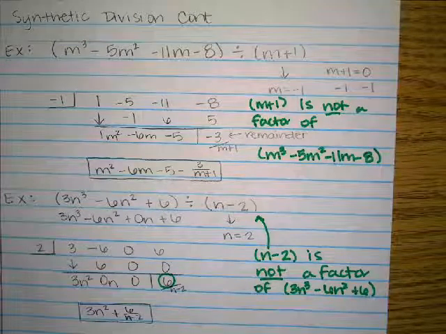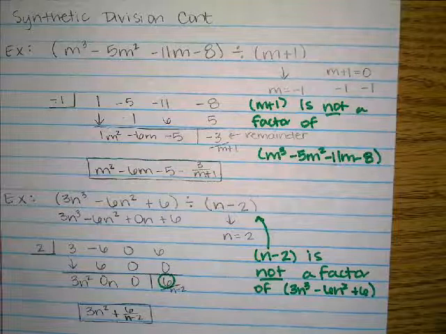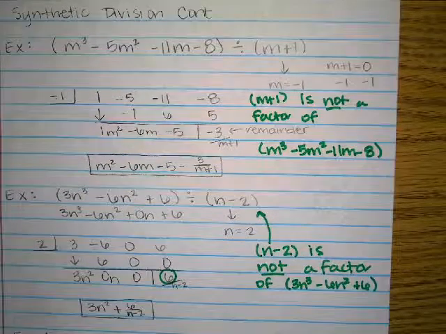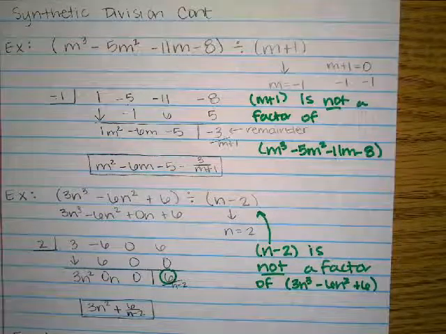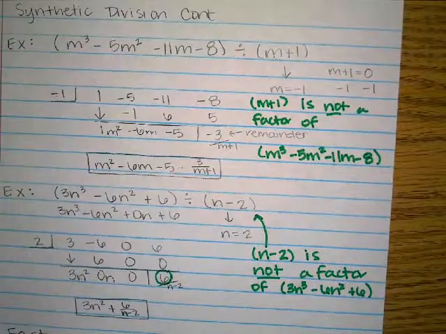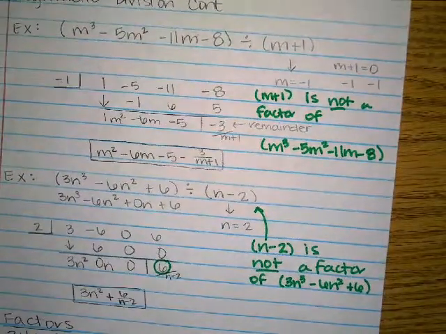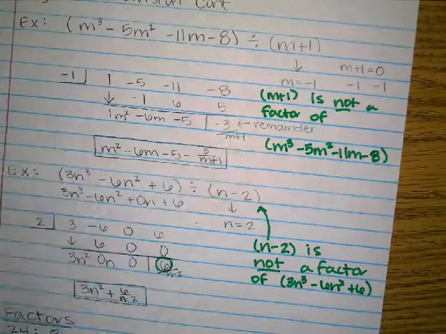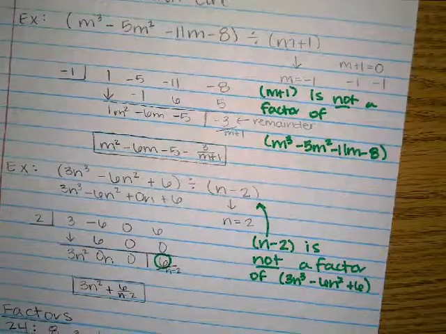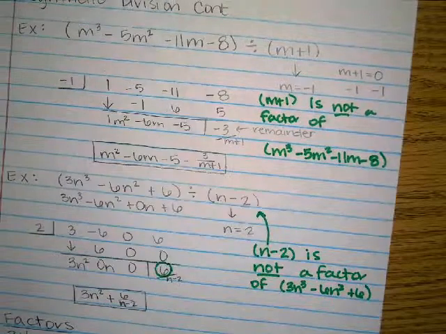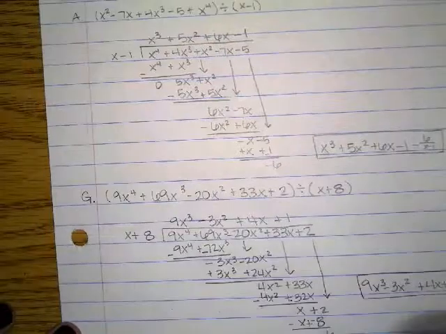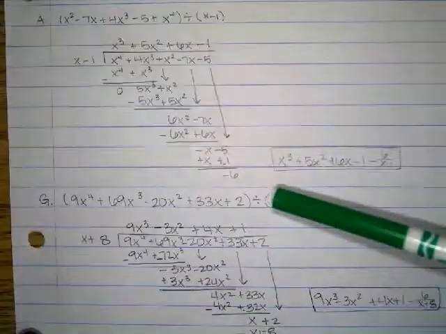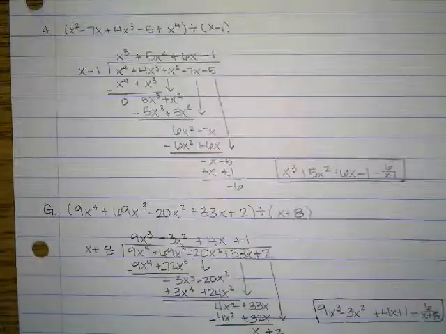Okay, what I want you to do next is I want you to grab your activity from Friday. Now, I'm not going to make you write the whole sentence, but let's figure out if these are factors or not. So, A. We're going to look at part A. So this is the activity from Friday. You did an activity. It had 12 problems.